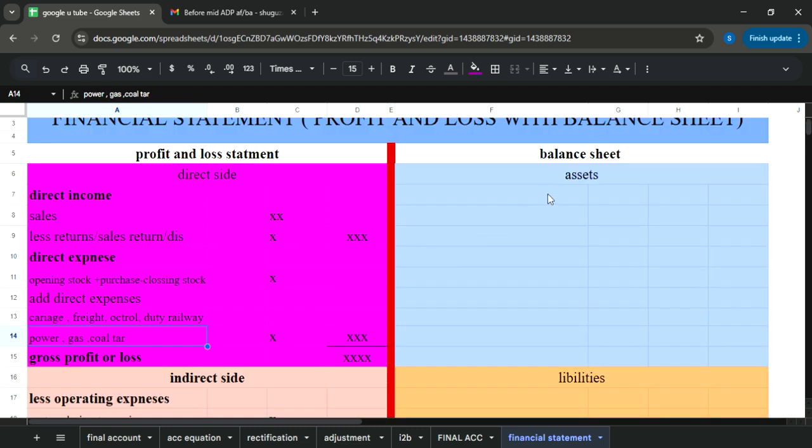On the asset side, you will first mention your fixed assets.